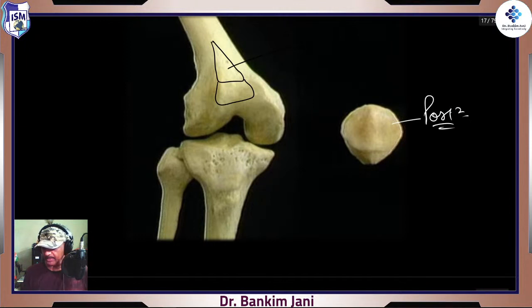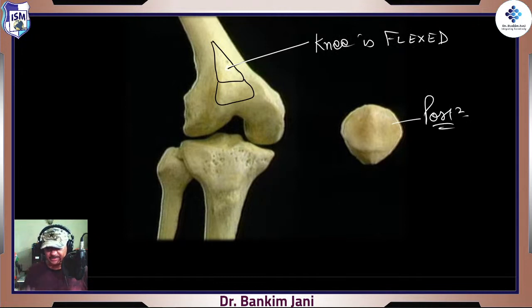This above one, right? What we saw there. This is when the knee is flexed. When the knee is extended, this patella will come slightly down, right? And will lock the knee.